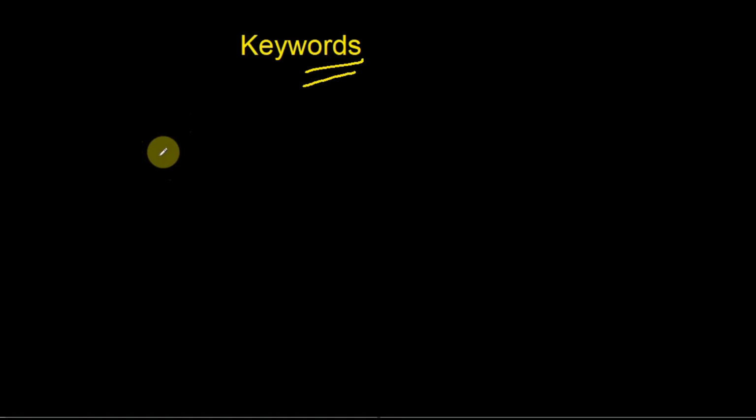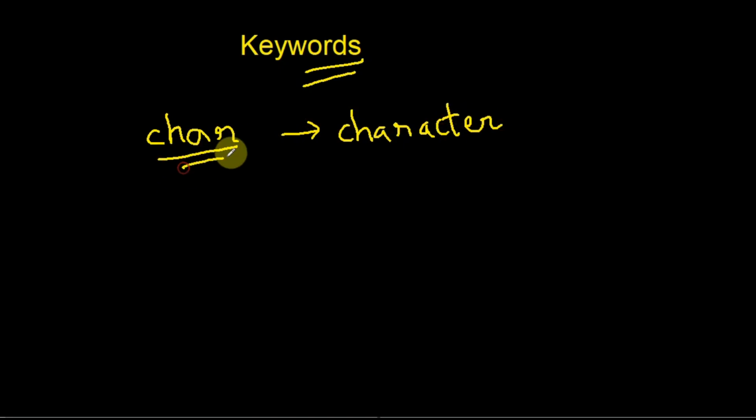These are words that you cannot use as variables. For example, char means character. When you define a character in your program, you write it as char.